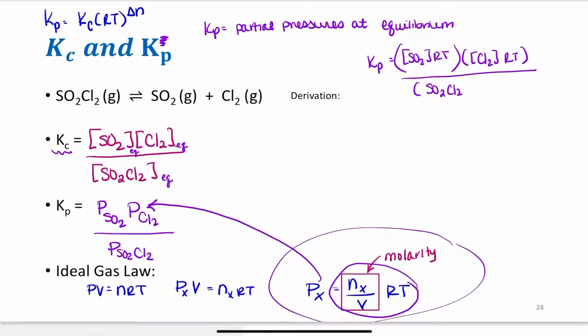I forgot to put the brackets in there properly. Those should be brackets, because those brackets, again, mean concentration.